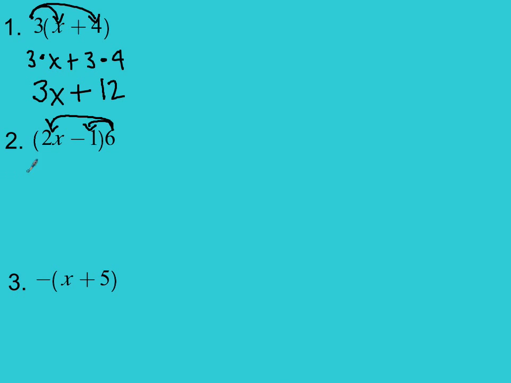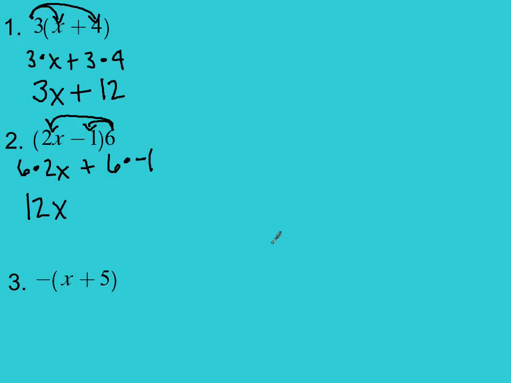So that means I'm going to do 6 times 2x, and then I'm going to do 6 times negative 1. Now 6 times 2x, that's going to give me 6 times 2, which is 12, and then I'm going to slap that x on it.